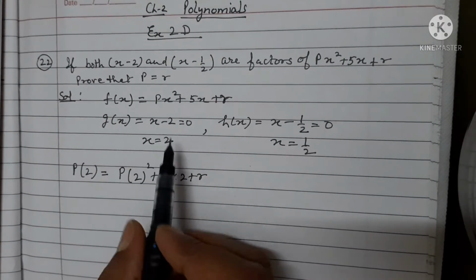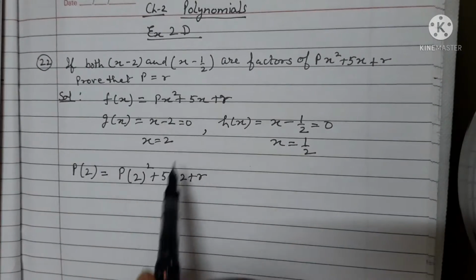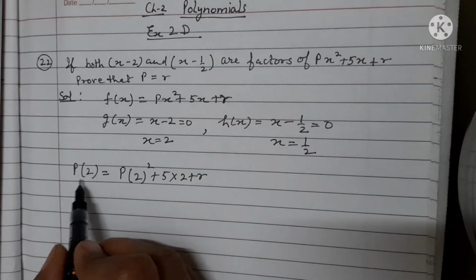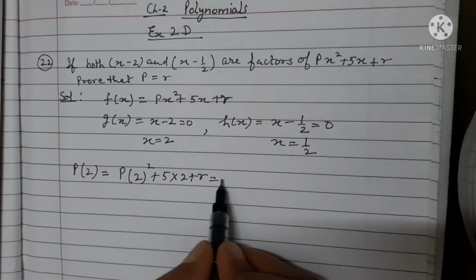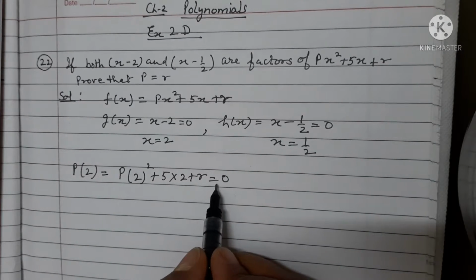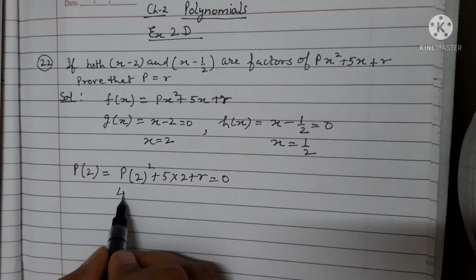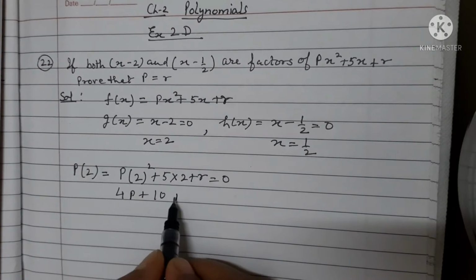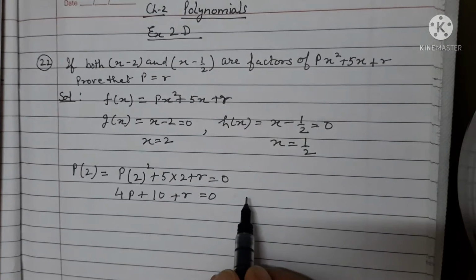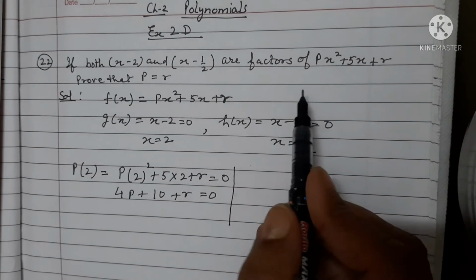Because x minus 2 is a factor, the remainder will be 0. Now solve it: 4p plus 10 plus r is equal to 0.